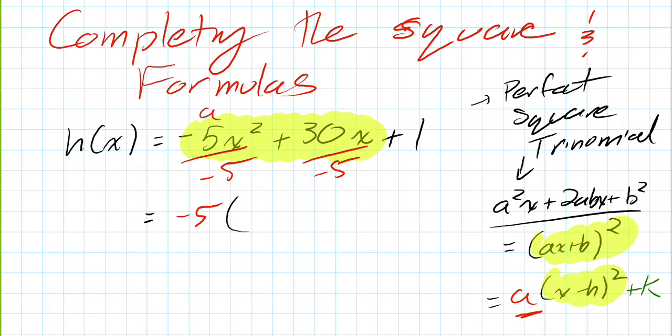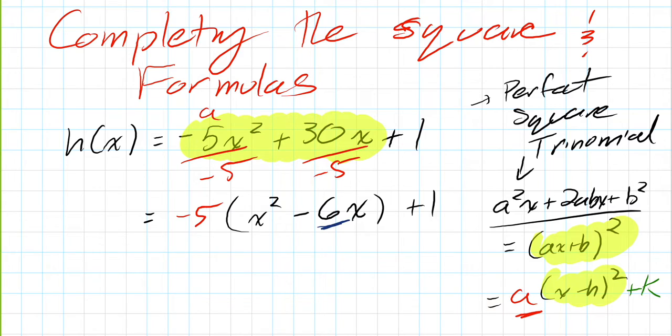And this +1 is going to stay down here, and within these brackets we simplify. -5x squared divided by -5 just gives us x squared. 30 divided by -5 gives us -6, and then the x comes down. So this is good. What we've done now is made a situation where the coefficient in front of x squared is just a value of 1.